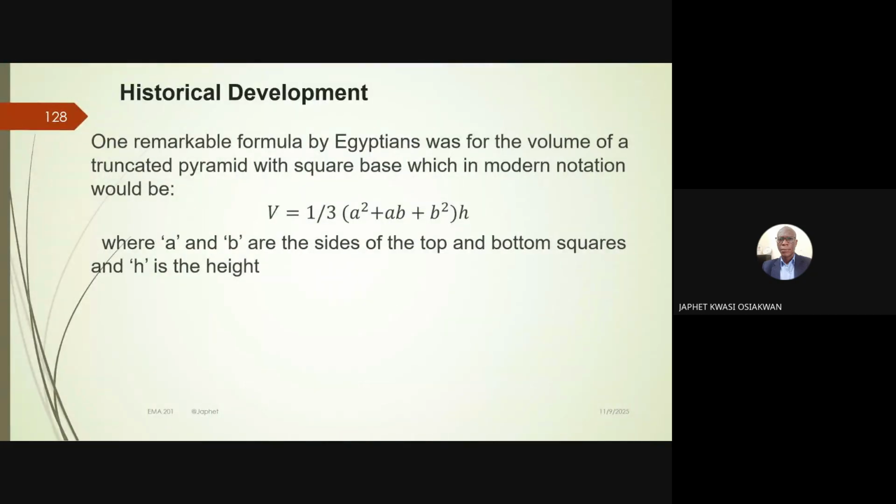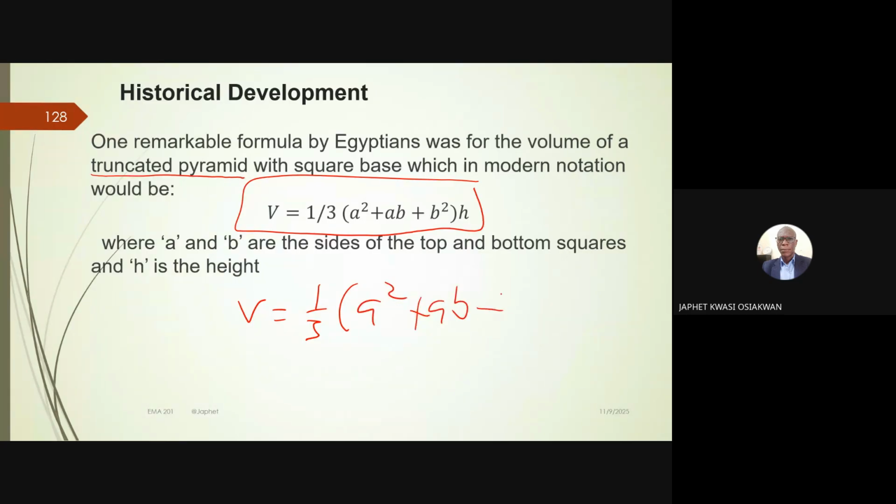So they came out with different formulas. One of the remarkable formulas that the Egyptians also got was the volume of a truncated cone, a truncated pyramid. That is a frustum. They came out with a formula to find the volume of a frustum, a truncated pyramid, and that is 1/3 into bracket a squared plus ab plus b squared, times h.